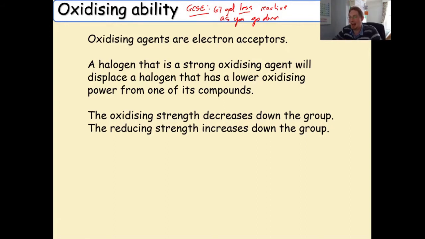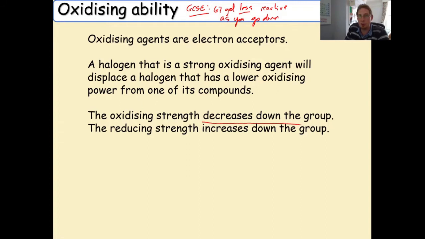Less reactive at what? Or more reactive at what? So oxidizing agents are electron acceptors. A halogen that is a strong oxidizing agent will displace a halogen that has a lower oxidizing power from one of its compounds.